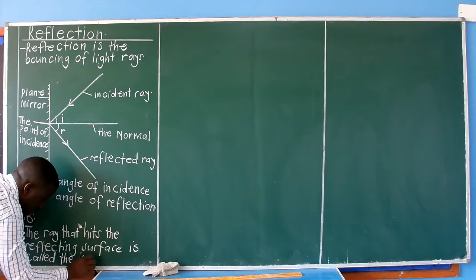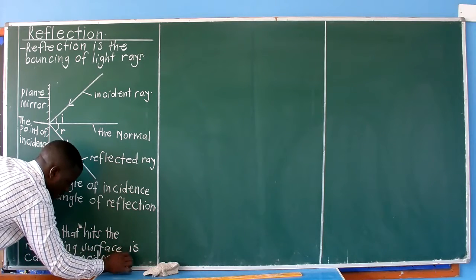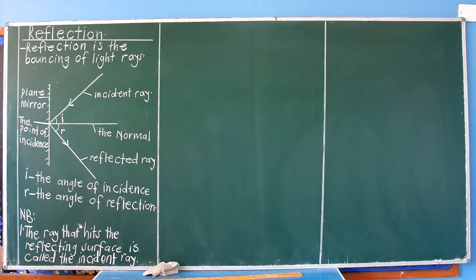The ray that hits the reflecting surface, which is the mirror, is called the incident ray.